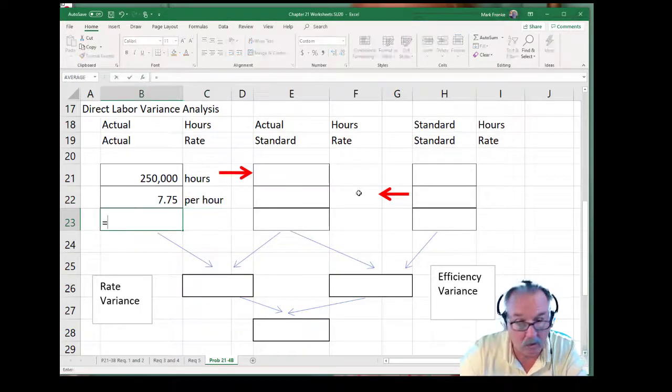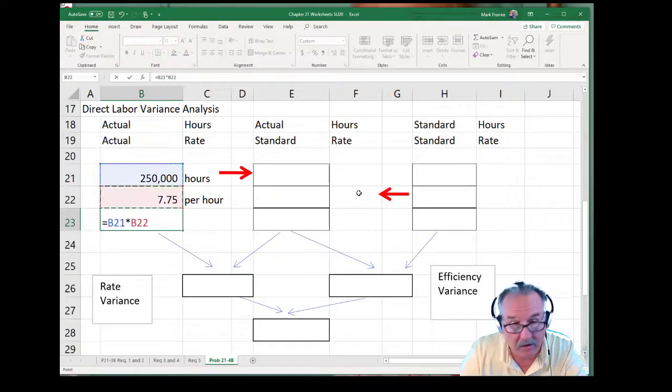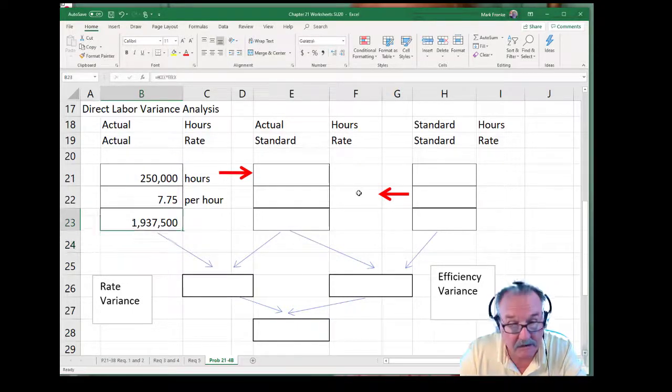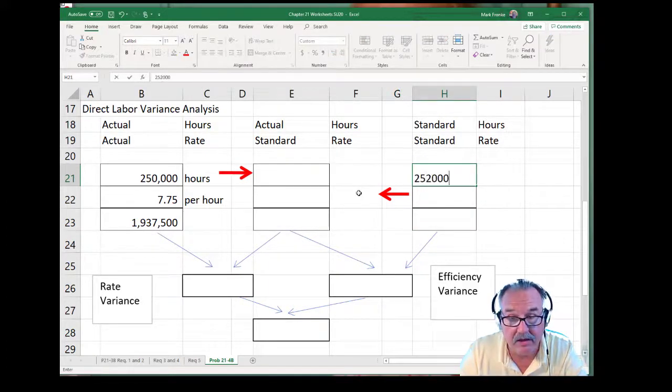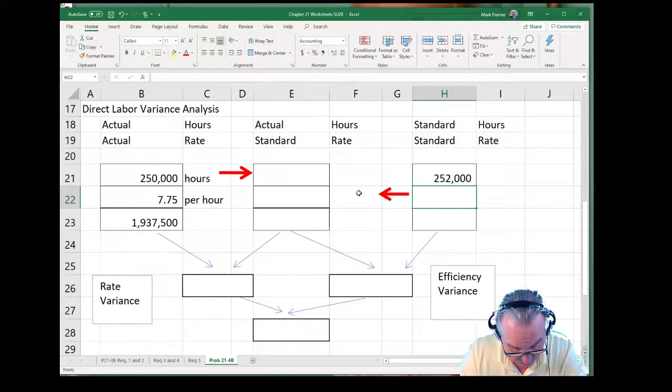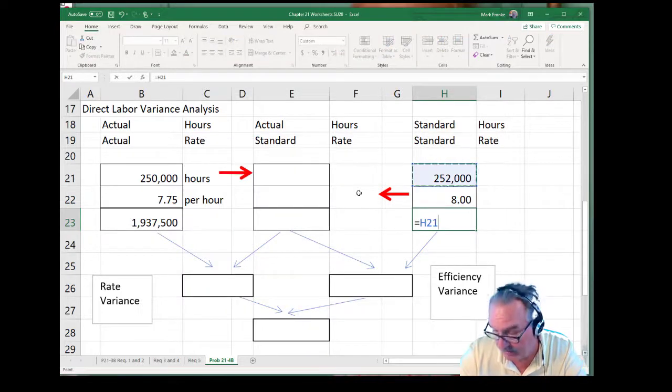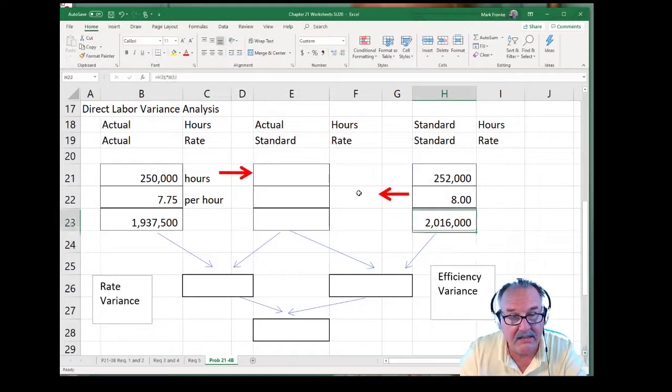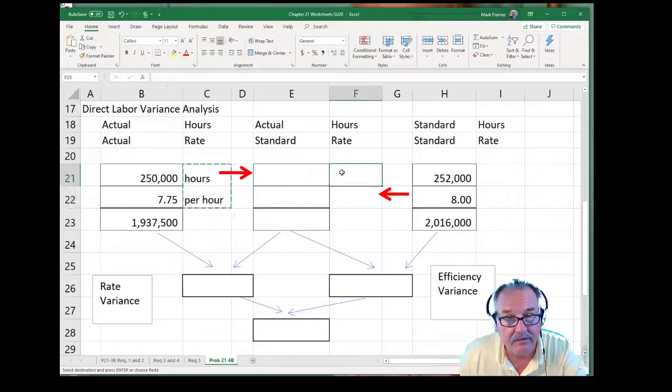So what we actually spent on direct labor was $1,937,000. Our standard was 252,000 hours, and our standard price was $8 per hour. So we expected to pay $2,016,000.